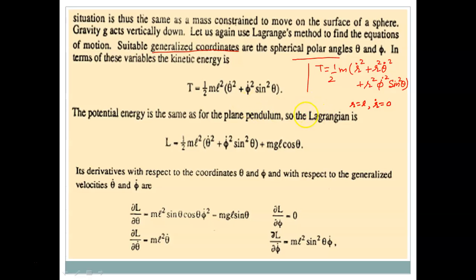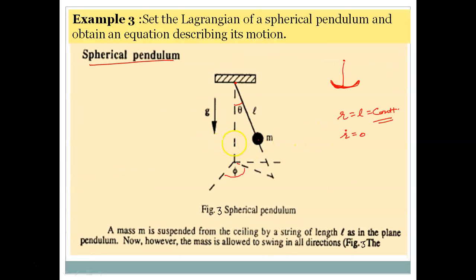Now if we talk about the potential energy, it depends on this height here, and it can be obtained as h equal to L cos theta. Potential energy is mgh, so V equal to mgL cos theta.